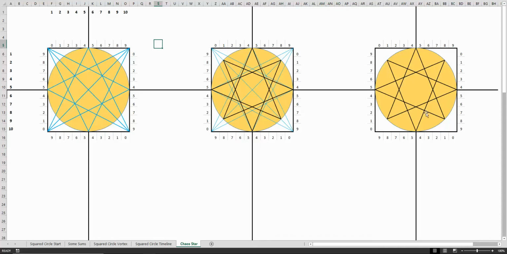You have 8 points that are going out, so that would be like north, south, east, and west. But you also have 8 points that are coming in. So that would be like a push going out and a pull coming in if this thing was spinning.